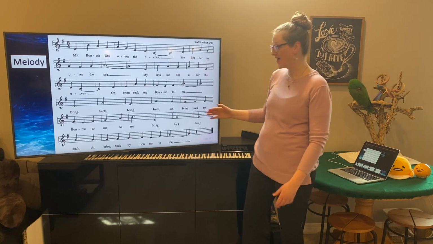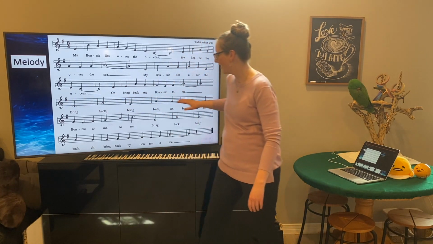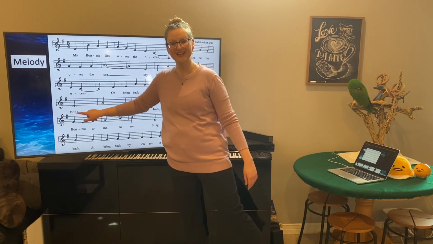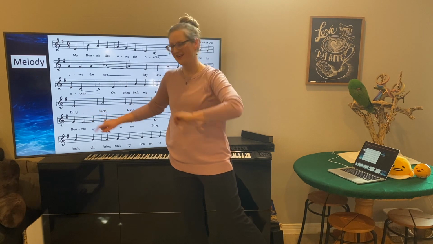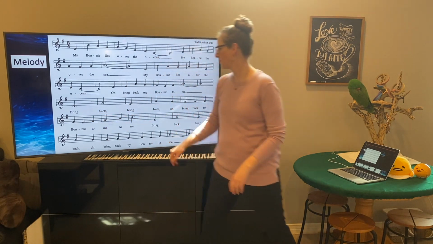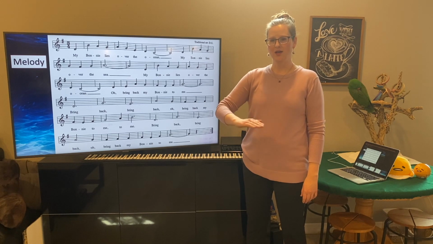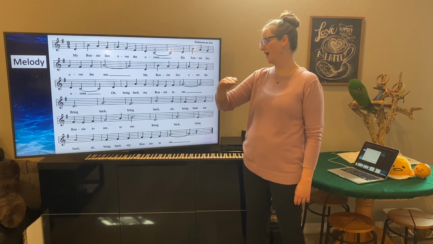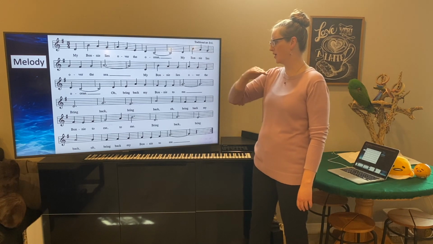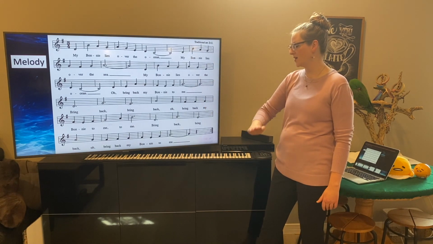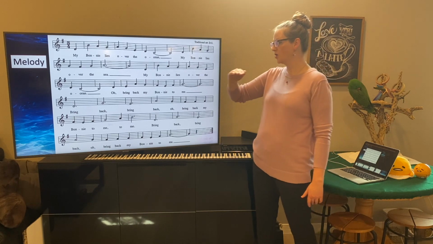Good. Now we have another section of the song. How many beats does this get? 3. Take a deep breath. Bring back, oh, bring back my Bonnie to me, to me.